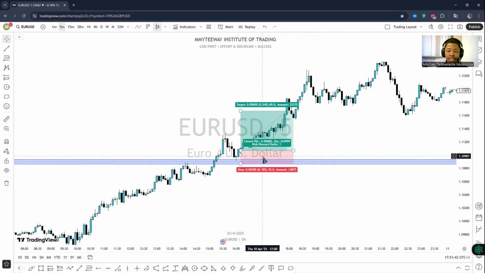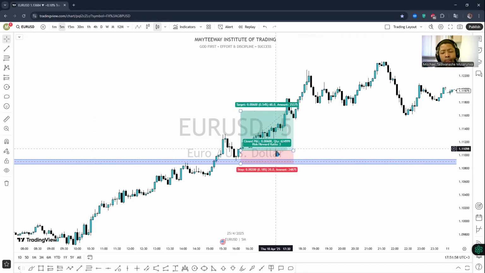I'm getting a nice stop, and according to our psychology, we say engulfing candle plus 5 pips, or the ATR plus 5 pips, which I do not know what it was giving me, which is why I used the size of the candle, right?